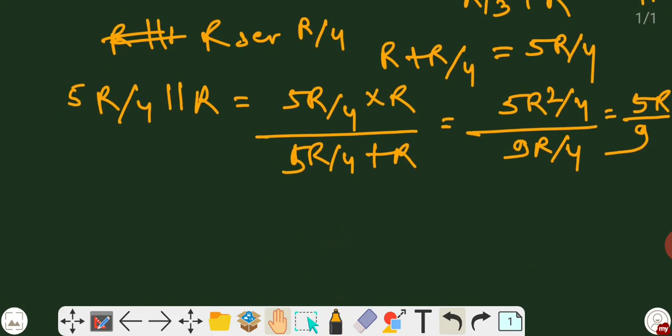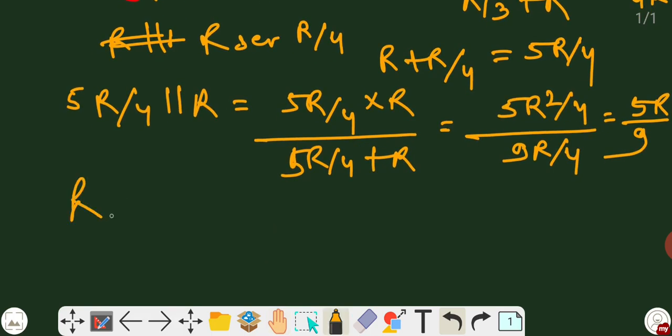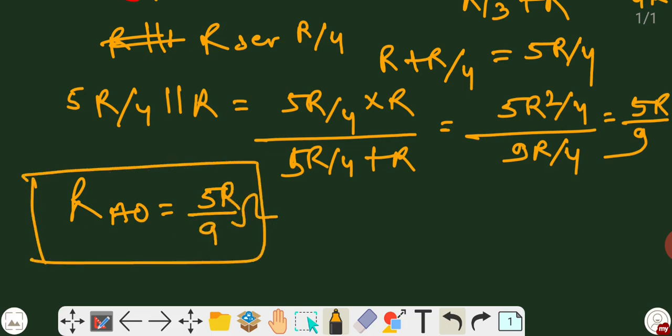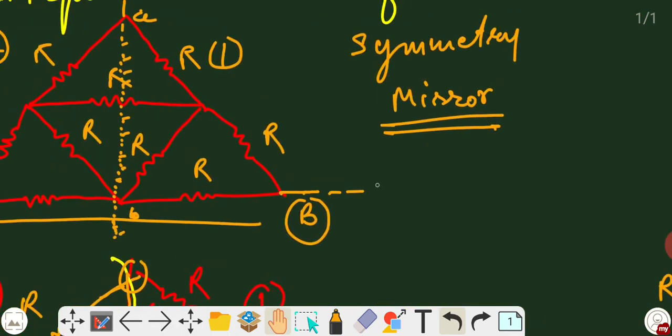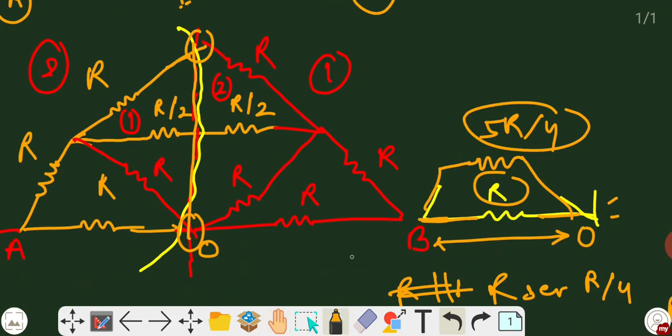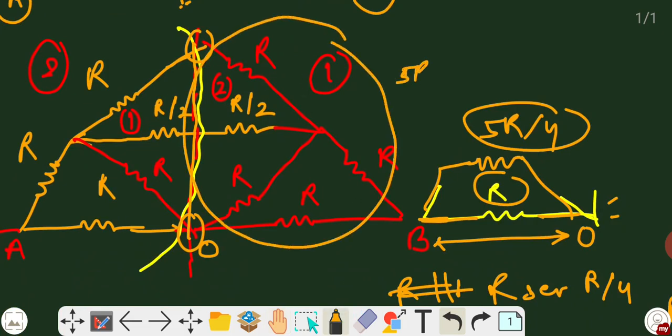So finally the equivalent resistance across A and O that you got is 5R by 9 ohms, and similarly you will also obtain the same resistance across the other point, that is also 5R by 9.